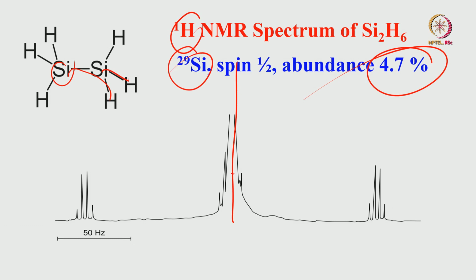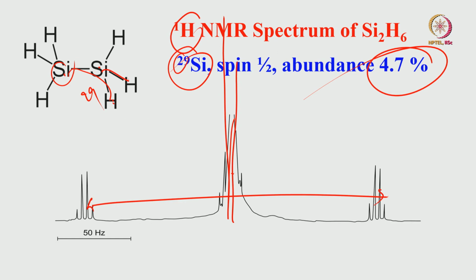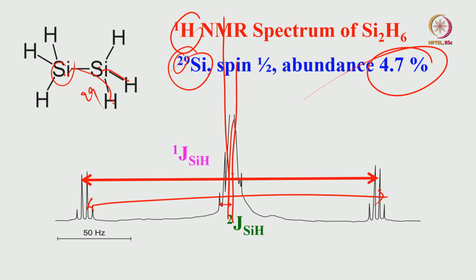All other isotopes other than 29 will be here, which gives us a single peak. When Si29 is present, symmetry is broken, then you will get coupling of this with this, coupling of this with this. That is also possible. So, now we are going to get the coupling like this. This is 1 bond SiH coupling.